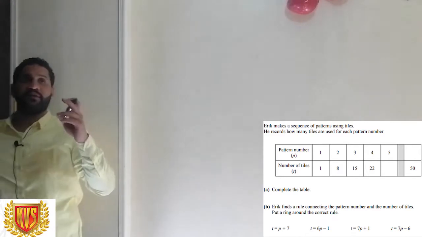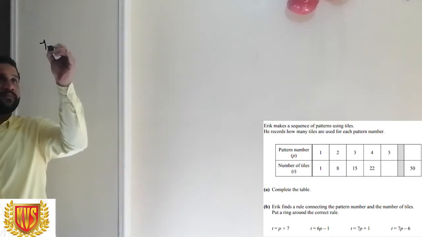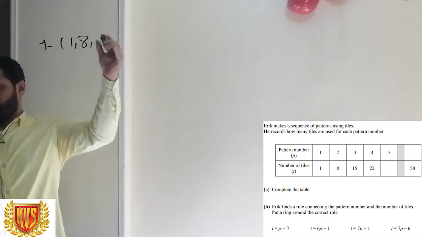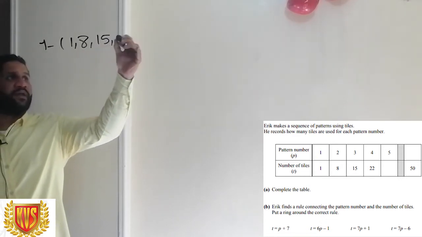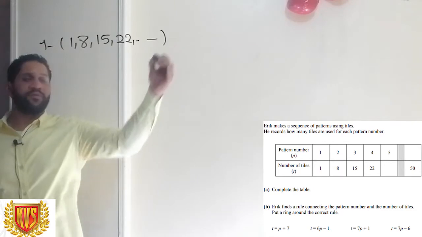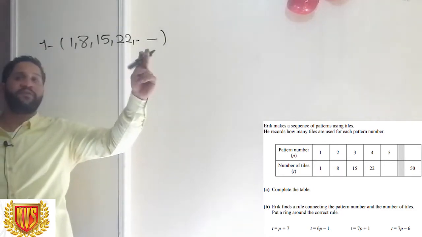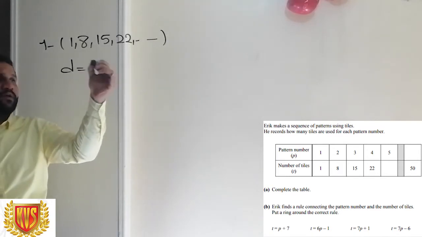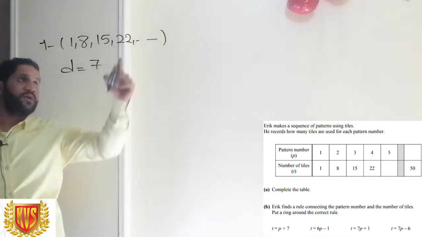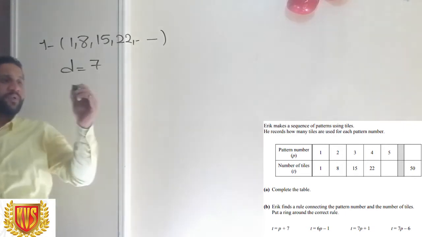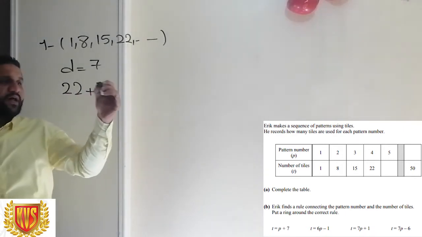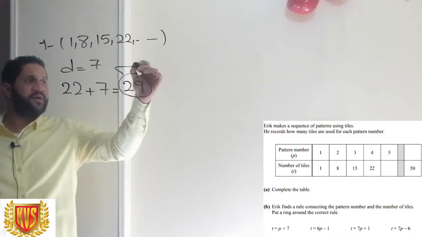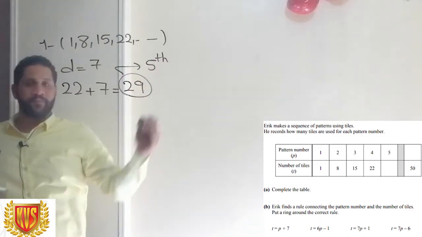The sequence is going like this: 1, then 8, then 15, then 22, and so on. I can see that the sequence is increasing by 7. So to get the fifth term, I'm going to take this 22 and add 7. It will give me 29. So this is my fifth term.